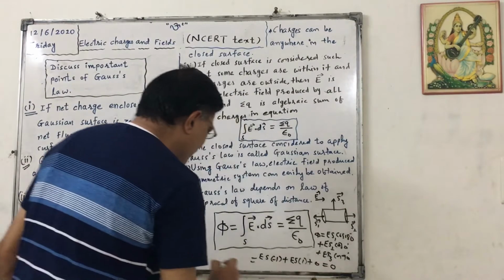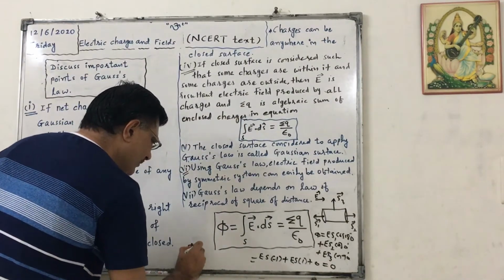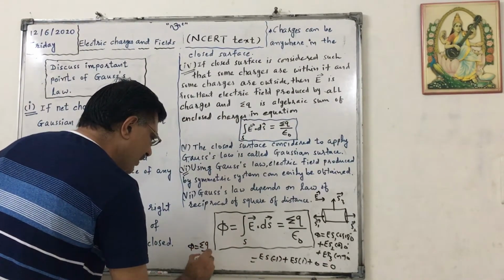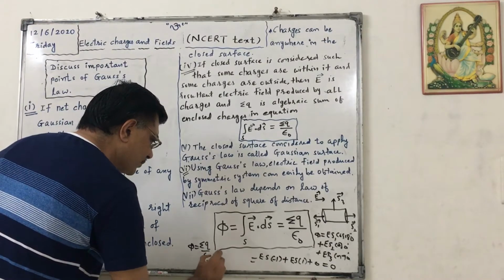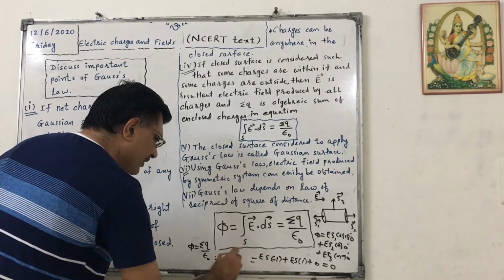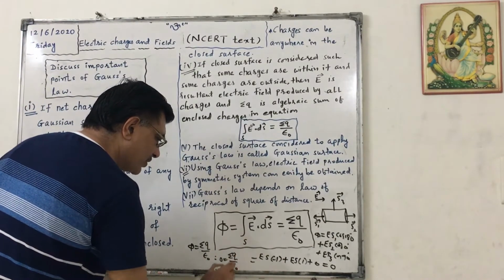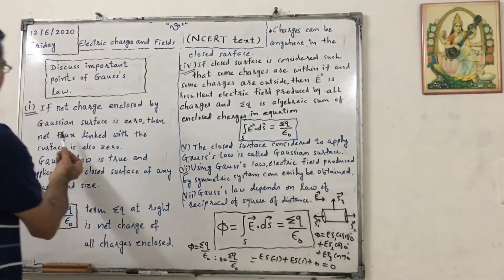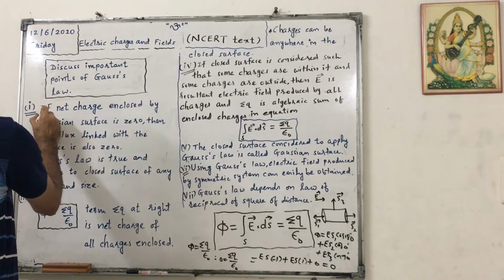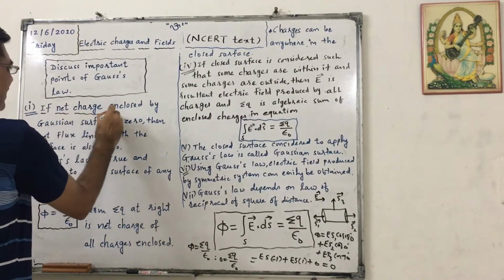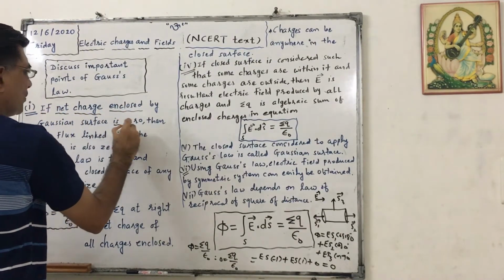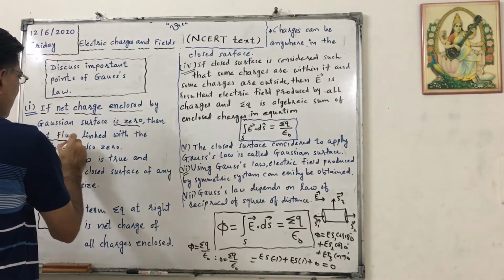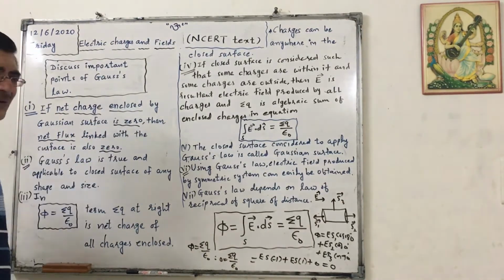Now if net flux is 0, we know that flux equals sigma q upon epsilon naught. If I put 0 here, 0 equals sigma q upon epsilon naught. Therefore sigma q equals 0. That is the first point: if net charge enclosed is 0, then net flux is also 0.